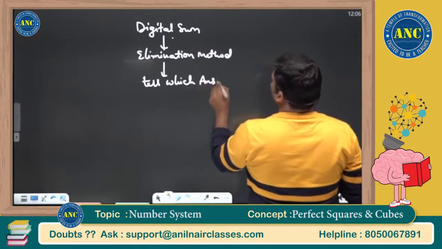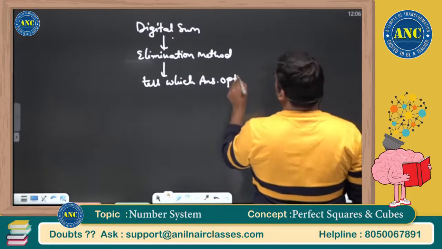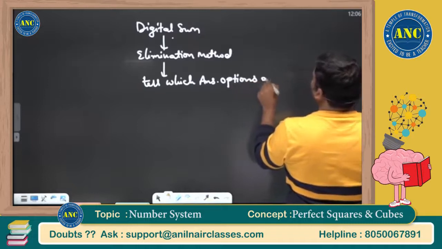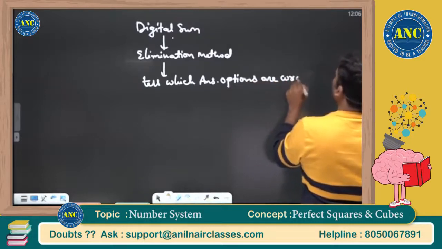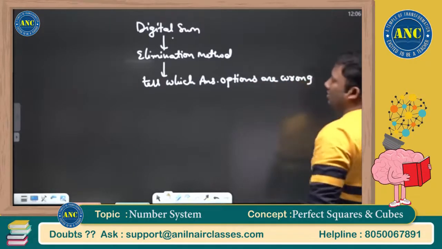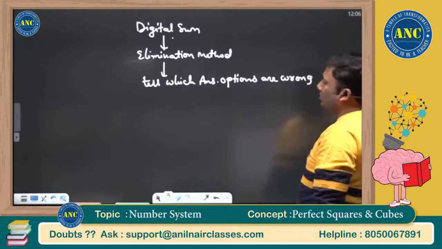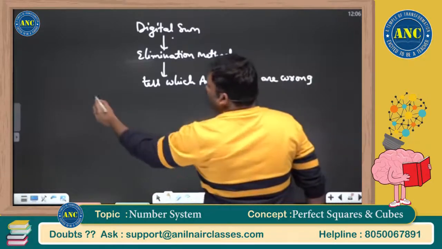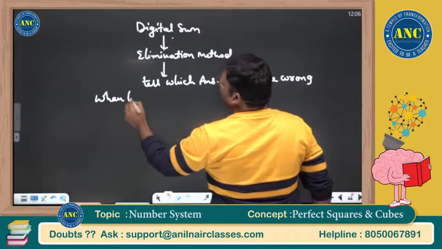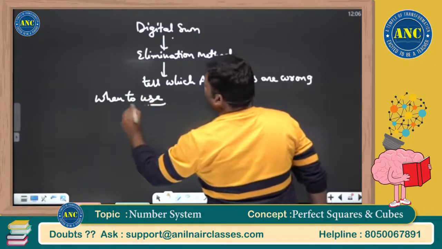It will tell which answer options are wrong. It will never give you the exact right answer, but it will tell you which answer options are wrong. When to use it? Most of the teachers don't tell this.